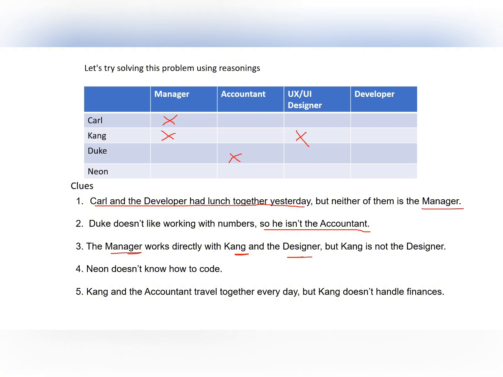Now let's go to clue number 4. Leon doesn't know how to code, and this makes him not the developer, so cross that out. Now proceeding to clue number 5. Carl and the accountant travel together every day, but Carl doesn't handle finances.